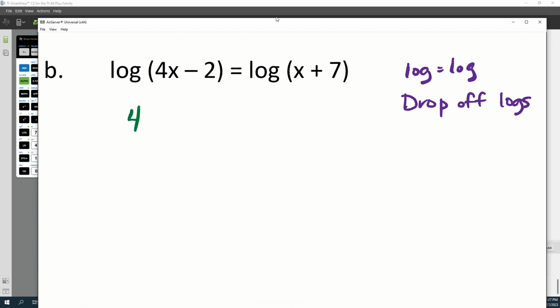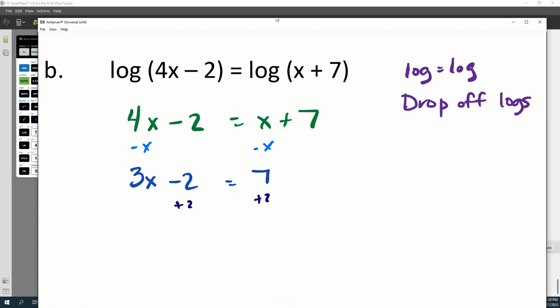All right, so we end up with 4x minus 2 is equal to x plus 7. And this one's not too terrible to solve. We would just get our x's together. Right, and then a couple of steps, adding and dividing.